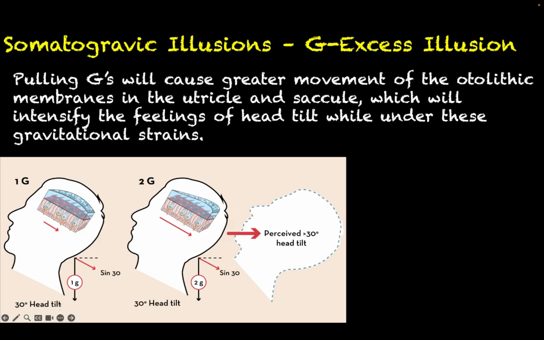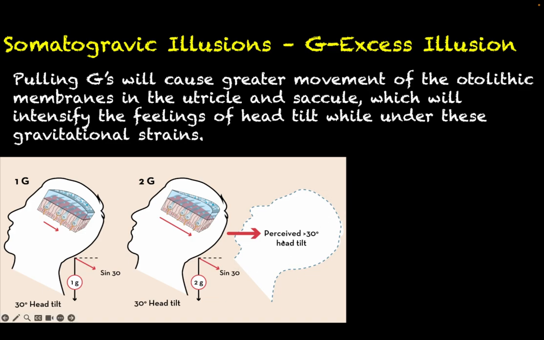So for example, if you're pulling 1G, which is to say you're not really pulling any G's at all, and you tilt your head back 30 degrees, you're going to feel like you're tilting your head back 30 degrees. But if you tilt your head back 30 degrees while you're pulling 2Gs, those otoliths are going to get pulled in this direction more than they otherwise would by a 30-degree head tilt.